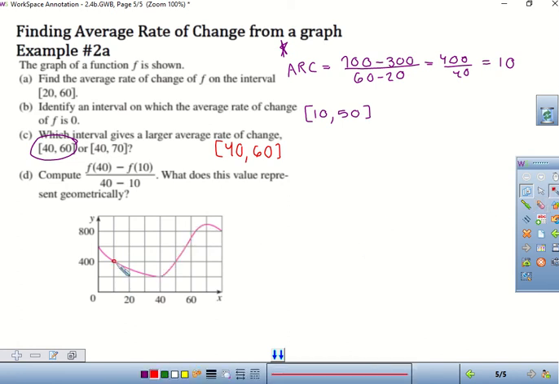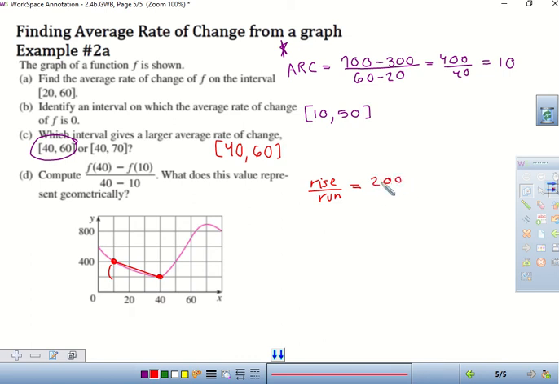So if I find a point at 10 and a point at 40, I can connect those with a secant line. So whenever you connect 2 points like that, that's a secant line. And I'm just going to actually count the slope using rise over run. So it looks like we go down how many units? 200.